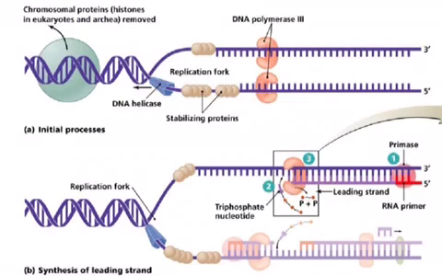In DNA replication, the DNA molecule has to make an exact copy of itself. This kind of replication is often referred to as semiconservative replication.